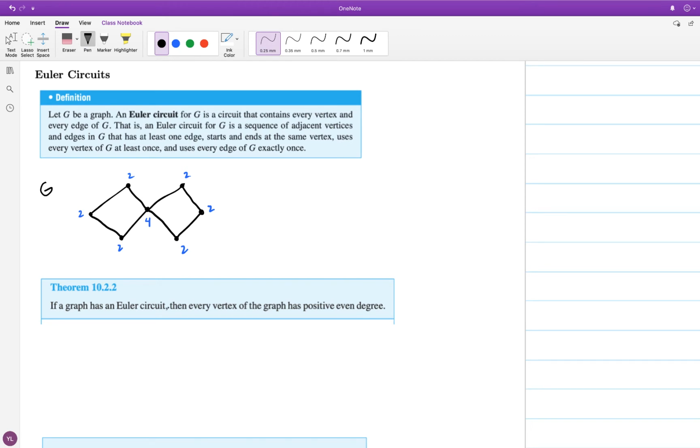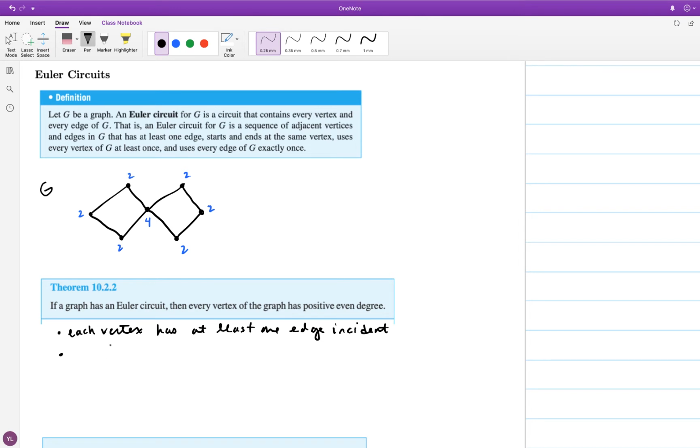Well, if you have an Euler circuit, then every single vertex is visited by that circuit. What that means is there must be at least one edge incident at every vertex, right? And of course, anytime you enter a vertex, you must exit that vertex, right? So what that means is the degree of the vertex is forced to be even because the number of entrances has to equal the number of exits.